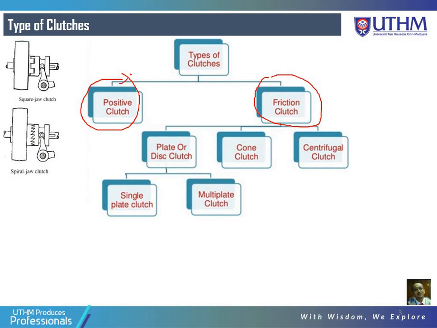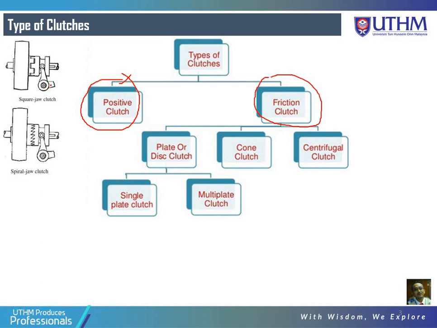For the positive clutch, as you can see here, example number 1 is the square jaw clutch. When you see the picture here, it seems like there is a manual interlocking whenever you want to engage or disengage the pair of clutch.